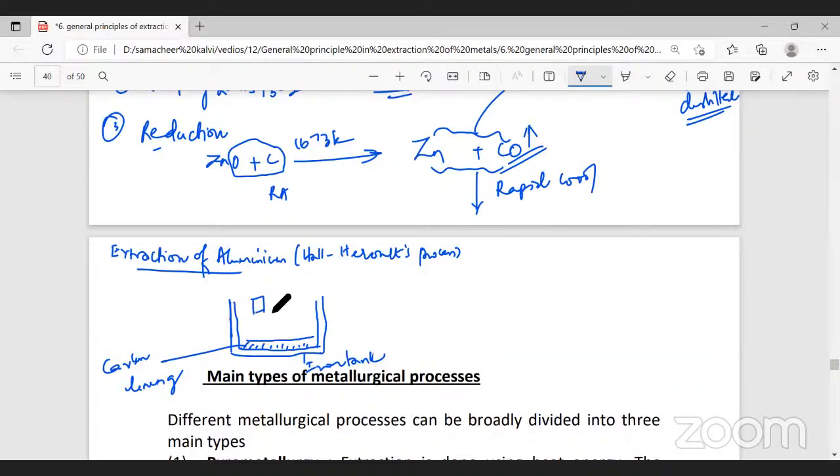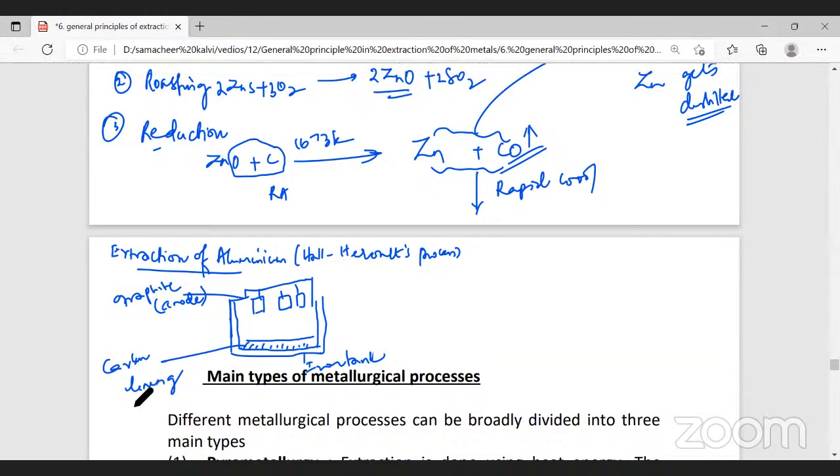And we have graphite rods. These graphite rods are connected through a clamp to the positive terminal. So these graphite rods act as anode.